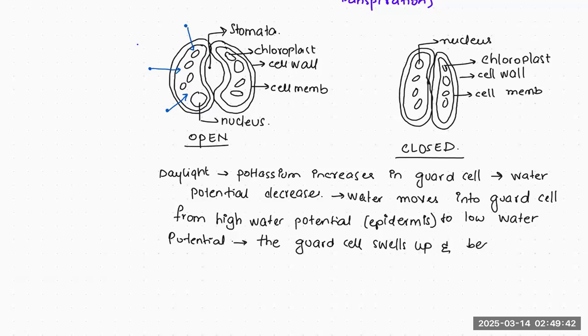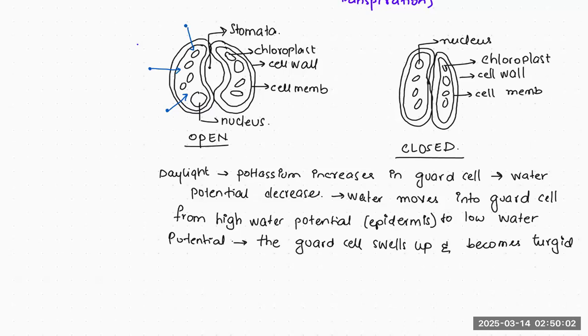Now, a guard cell is a very special cell. In some areas, the cell wall is very thick. In some areas, the cell wall is very thin. So as a result, it will stretch. It will become more firm, but in some areas it will firm up even more, and in some areas it will firm up less.